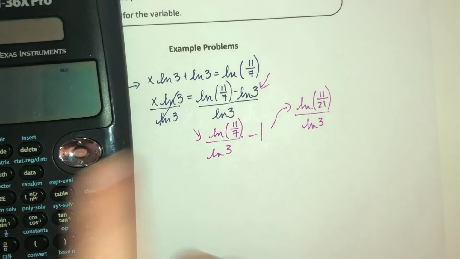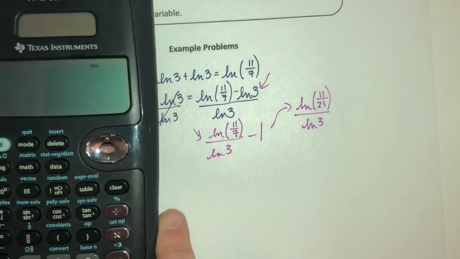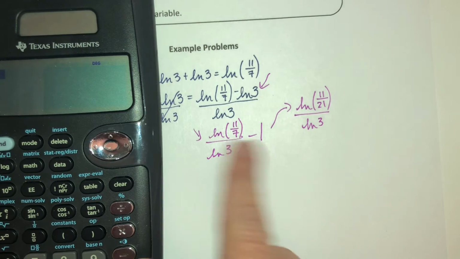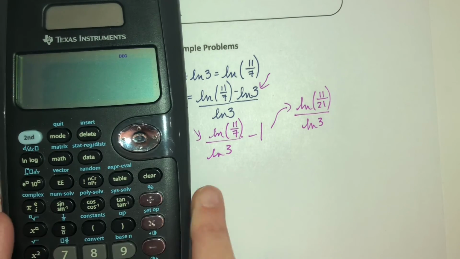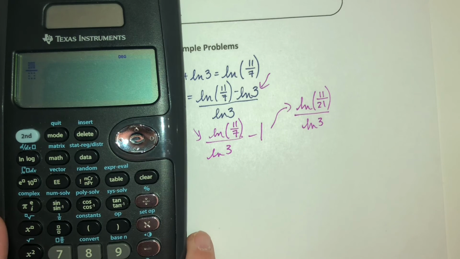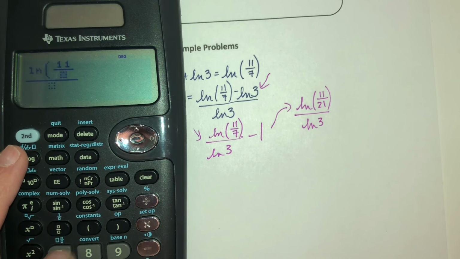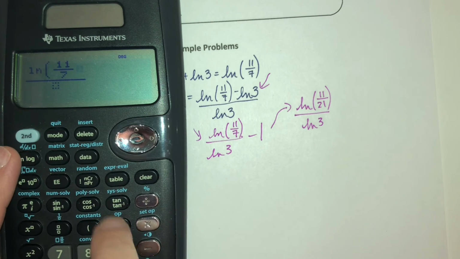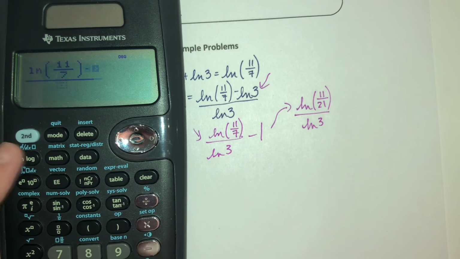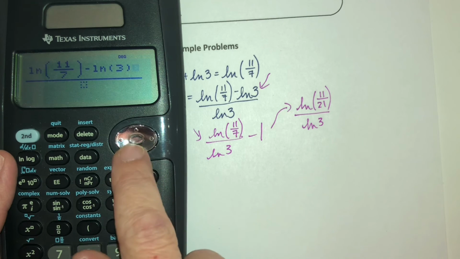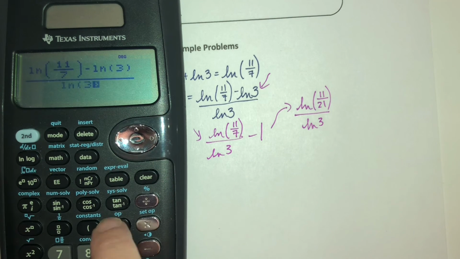But let's take this and plug it into our calculator to get a decimal approximation. You want to be really careful about parenthesis usage and everything else. So I'm going to start a fraction and do natural log of 11 over 7, close parentheses, minus natural log of 3, close parentheses, over natural log of 3.